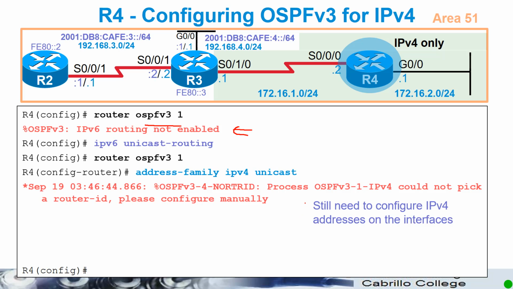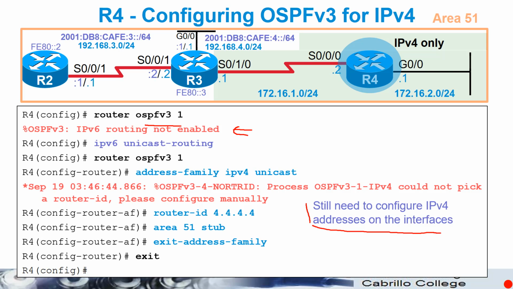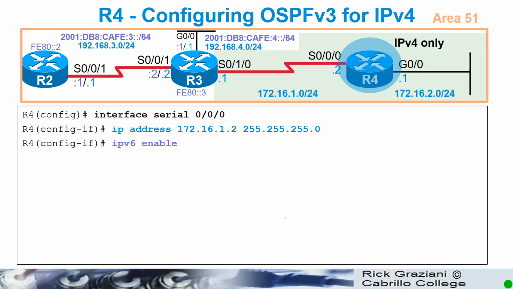You still have to configure the addresses on the interfaces as outlined right there. Do the appropriate router ID, the appropriate area. And again, we'll have to go to each of the interfaces and make sure that IPv6 enabled is on. We will create an OSPFv3 instance.